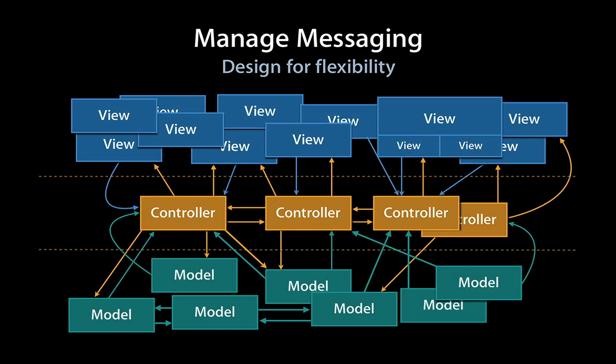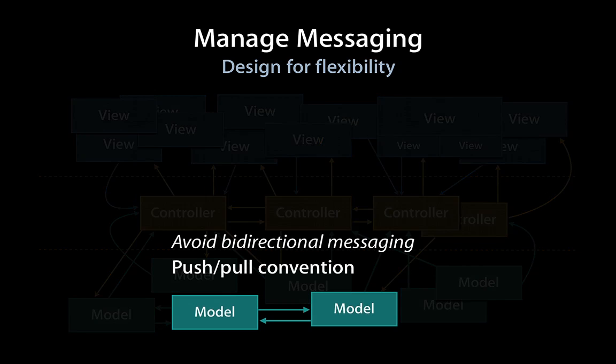Okay. So some strategies for taming this. Here's an idea I like to think about a lot. If we focus in just on a piece of your model that may need to communicate with another piece of your model, I like to avoid this bidirectional messaging. A lot of times, I try to think about a model object as being the one in charge of talking to another model object.